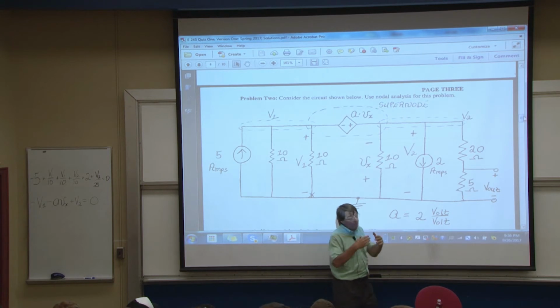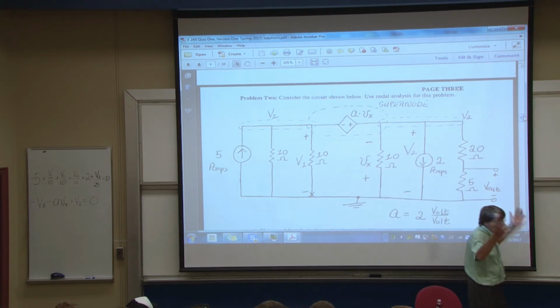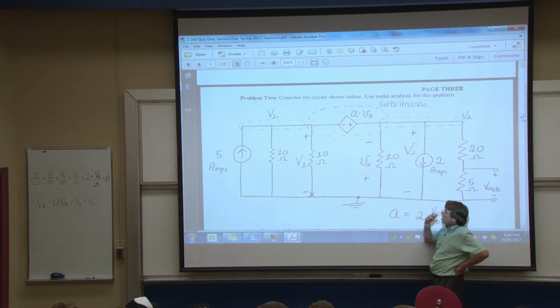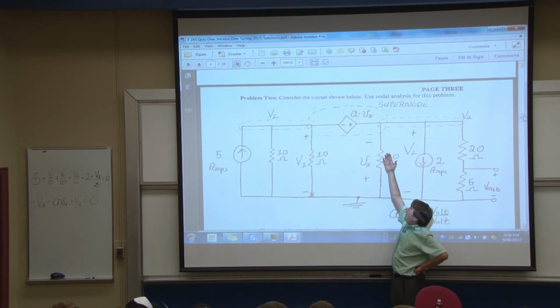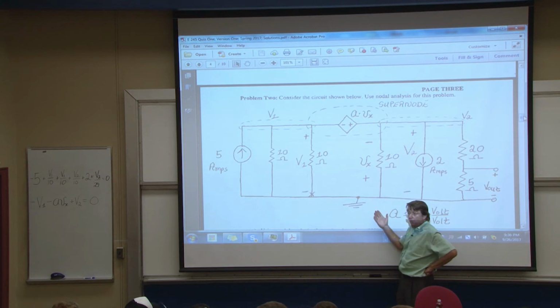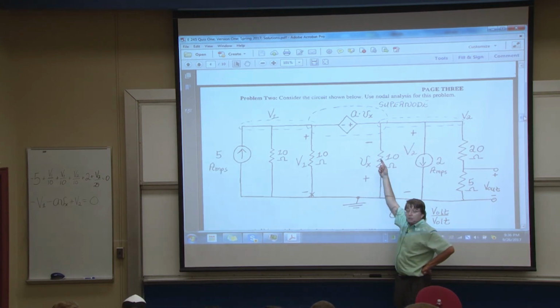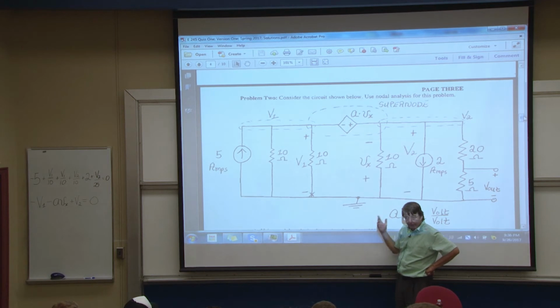So I want to get Vx in terms of V1 or V2. So I look at this and say, wait a minute, Vx is from here to here, so is V2. The only difference is Vx is minus positive, and V2 is plus negative.